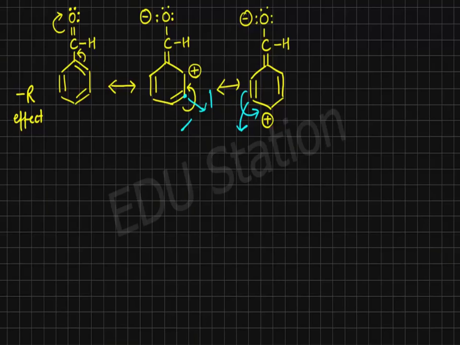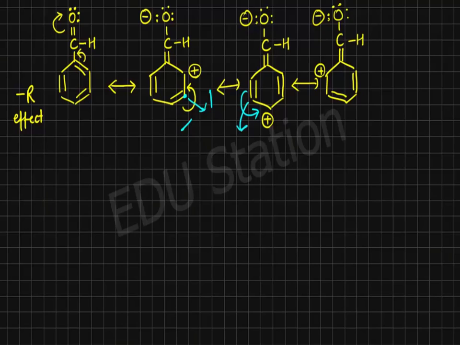So, the next structure again just like second structure, plus, double bond C O, 3 lone pairs and negative.